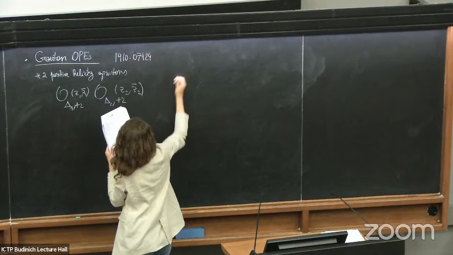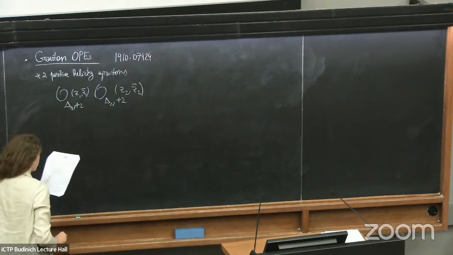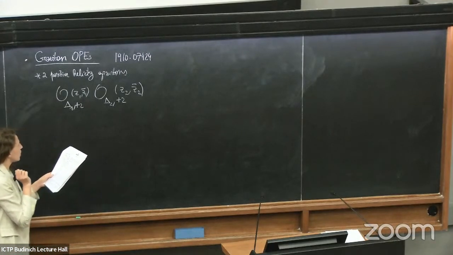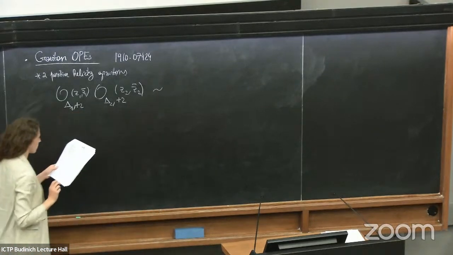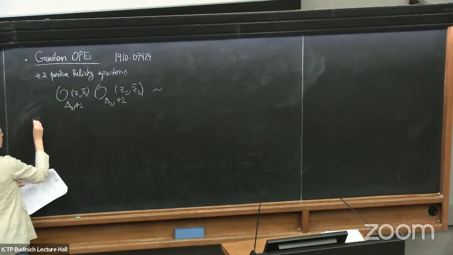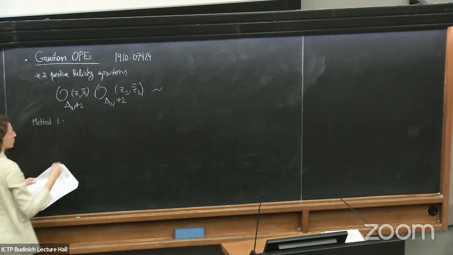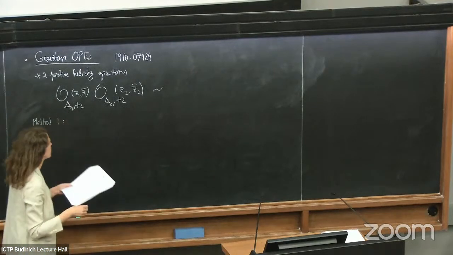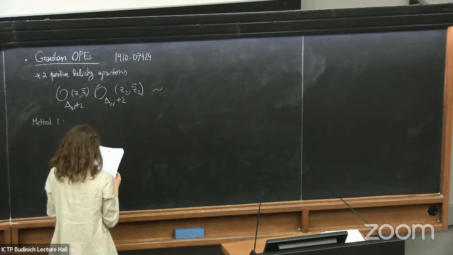I want to look at it. So there are basically two ways to derive the OPE that I'm going to write down. The first method is brute force, namely you just do your Mellin transform and your collinear limits, and you can compute it.